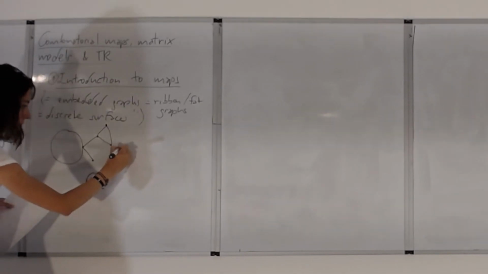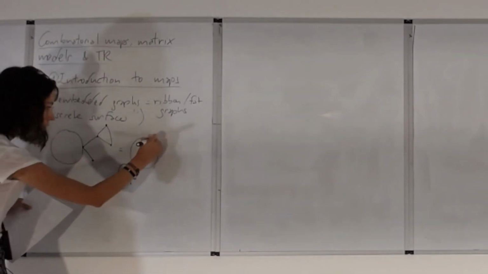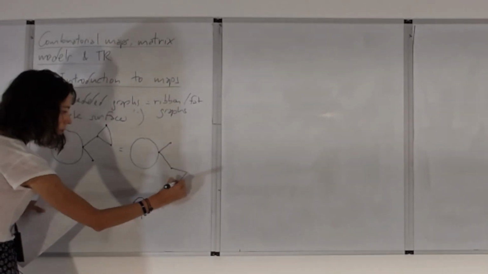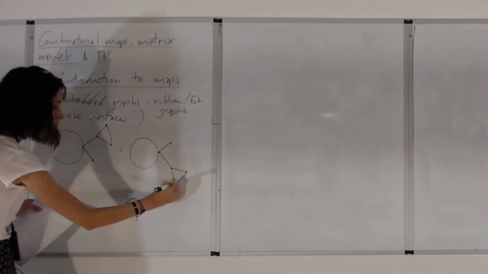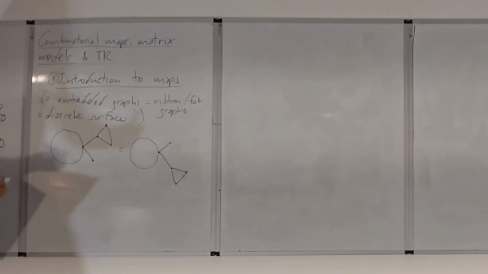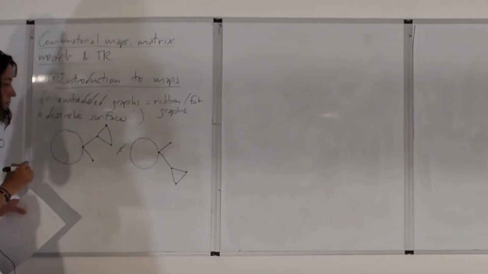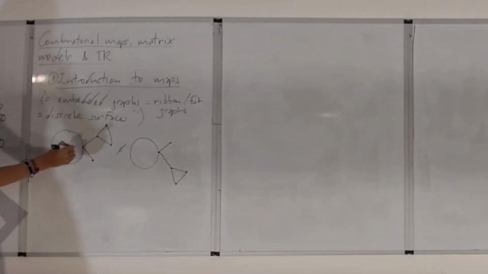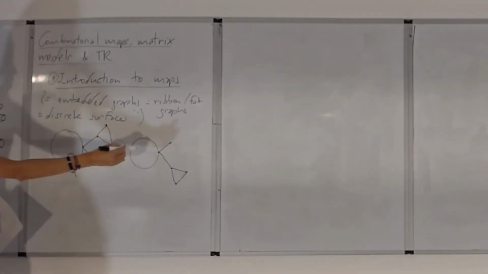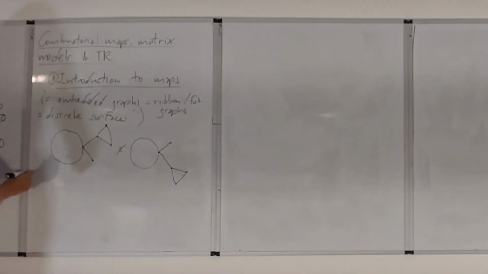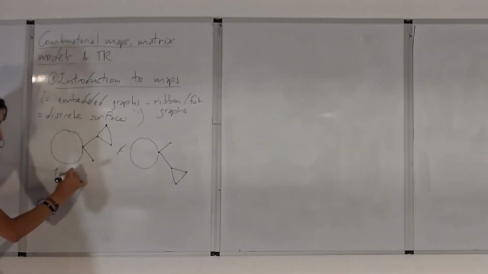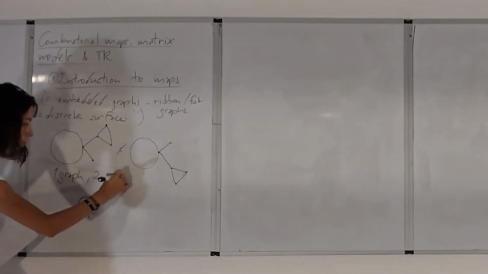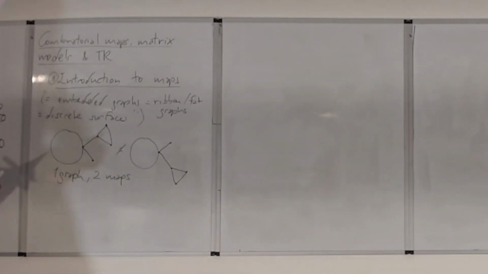These two guys are the same as graphs, but they are not the same as maps, because their embedding is not the same. So here we have a cyclic order around the vertex which is different. So this gives us an instance of a graph that gives two different maps. So the embedding is very important.